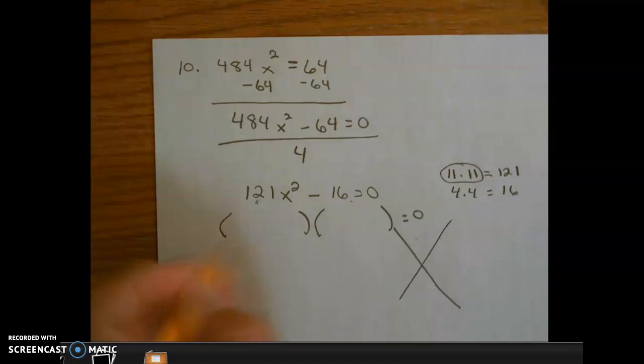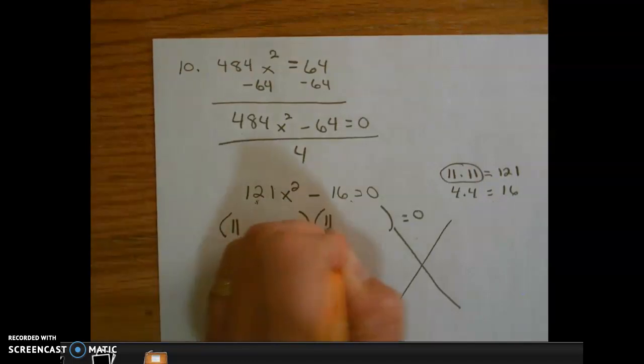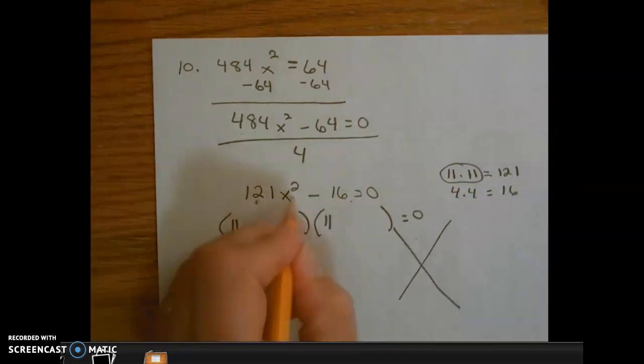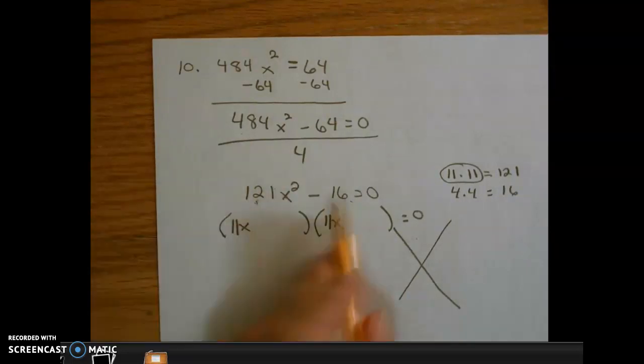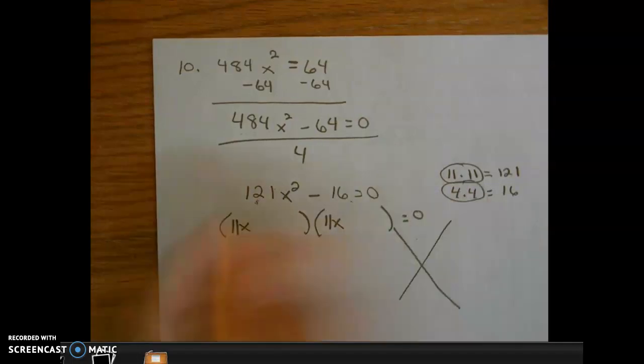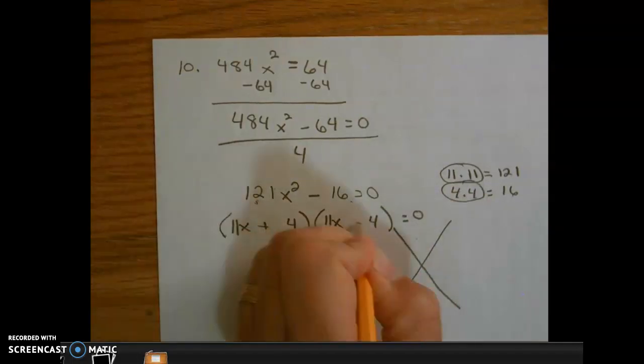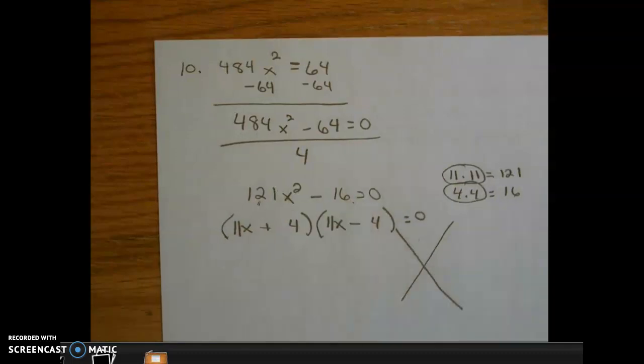Well, 11 does. So we put 11 here and 11 here, splitting up the x. And then the 16 is 4 and 4. One's going to be positive, one's going to be negative. We did this in class, so hopefully this rings a bell.